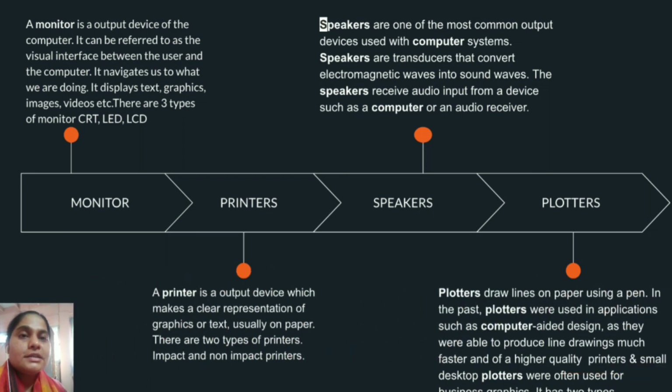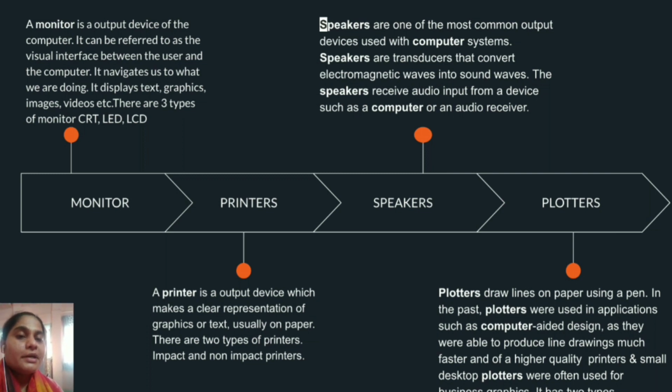A monitor is the output device of the computer. It can be referred to as the visual interface between the user and the computer. Visual interface means by which we can see the things happening inside the computer. It navigates us in what we are doing. It displays text, graphic images, videos, etc. There are three types of monitors: CRT, LED, LCD.